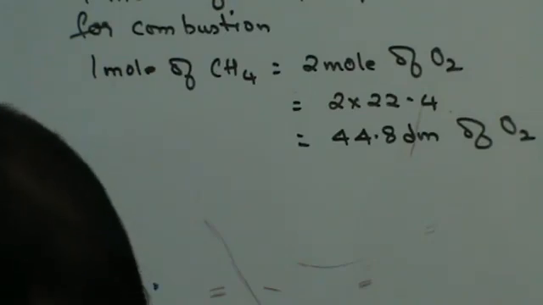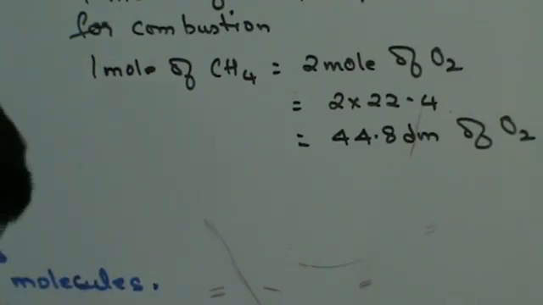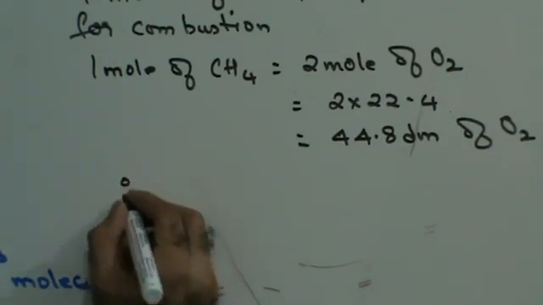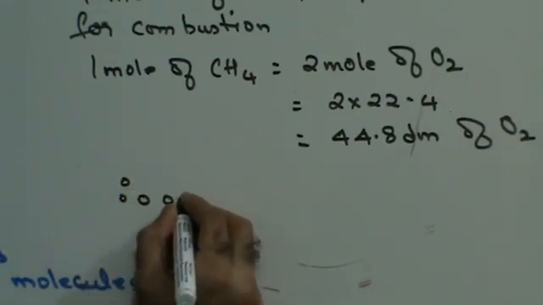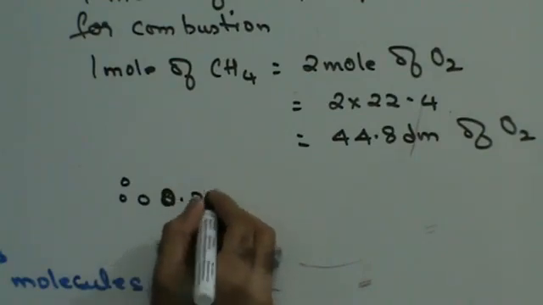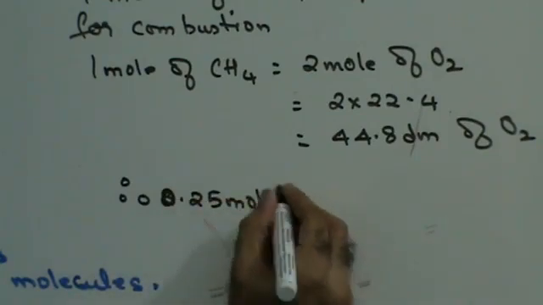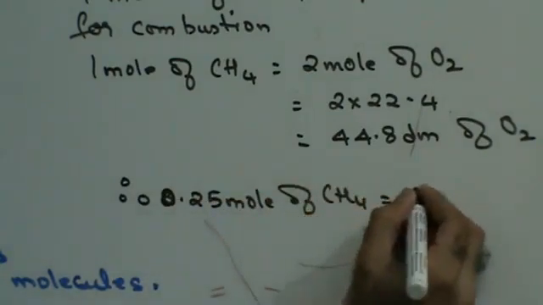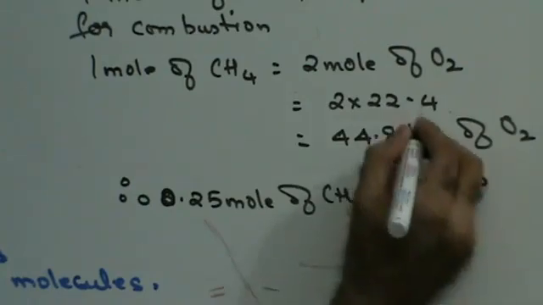Now they've asked that if you have 0.25 moles, what is the volume of oxygen required? Therefore, for 0.25 moles of methane, X decimeter cube of oxygen is required.